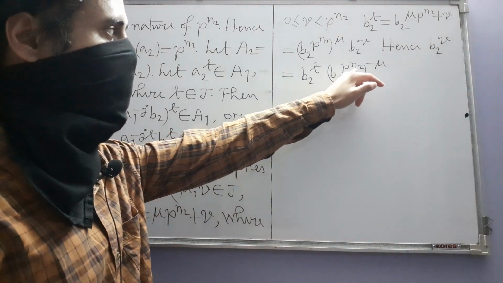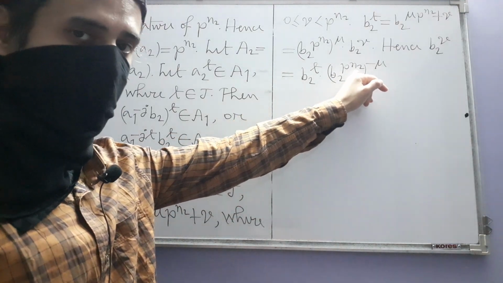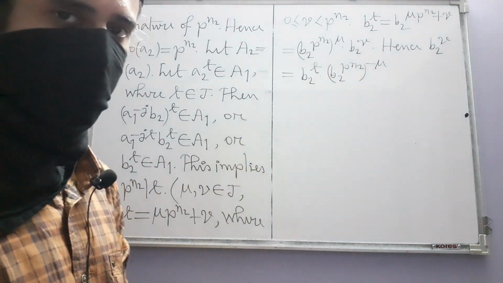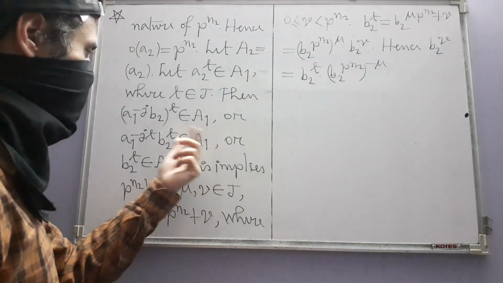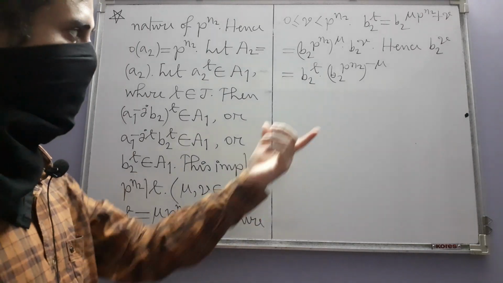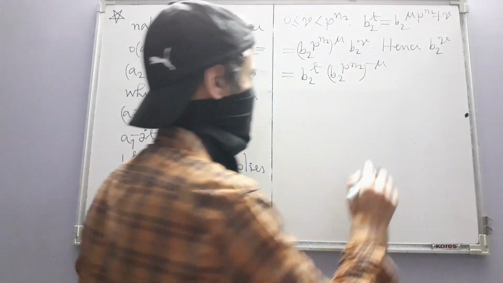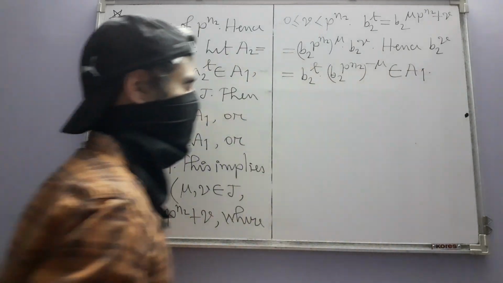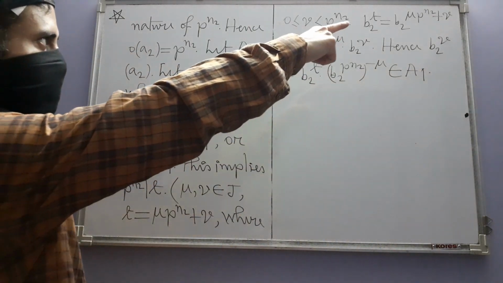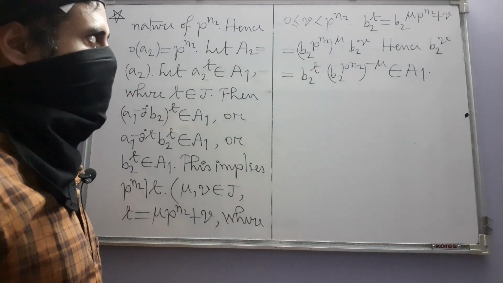In fact, p to the power n2 is the smallest positive exponent for which this happens. But after all, these things are elements in capital A1. And that is why this product will also belong to A1. That means b2 to the power nu is an element of A1.